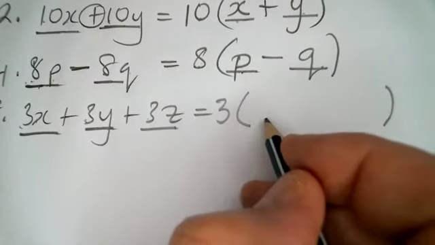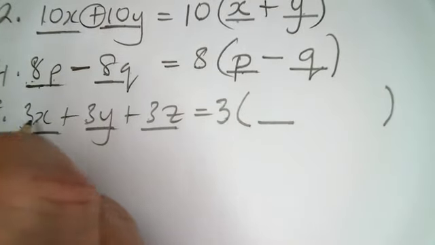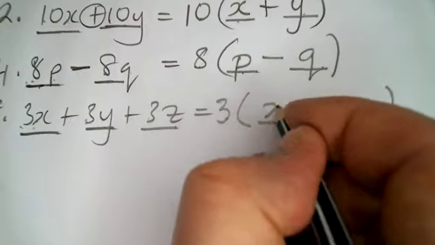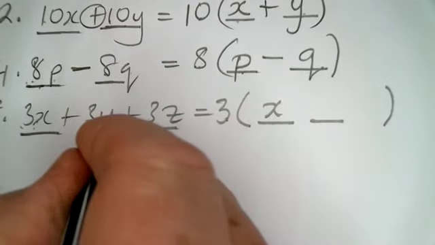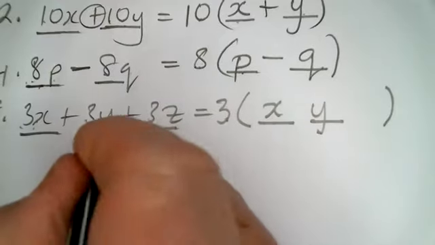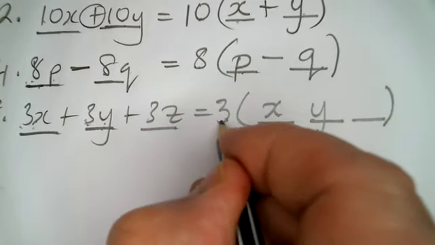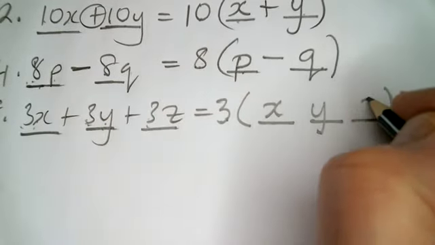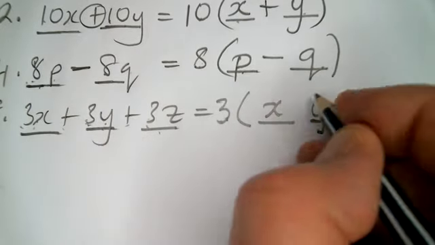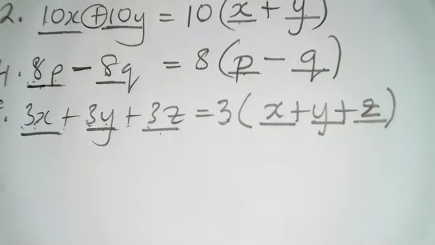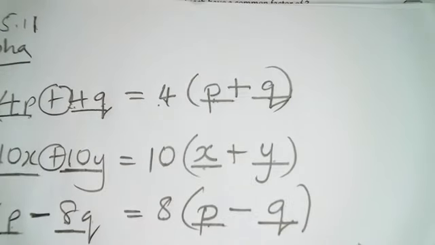Then I ask, what times 3 makes 3x? Well, 3 times x makes 3x. And what times 3 makes 3y? Well, 3 times y makes 3y. And what times 3 makes 3z? Well, 3 times z would equal 3z. I got a plus and a plus, so I put those 2 pluses in there, and I'm done.